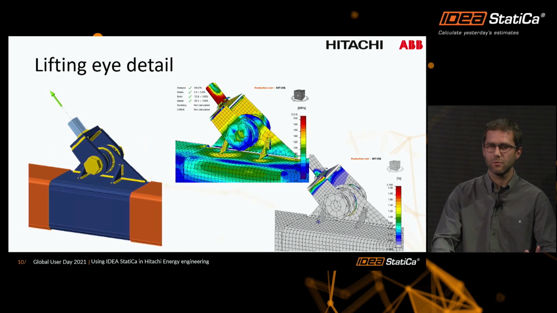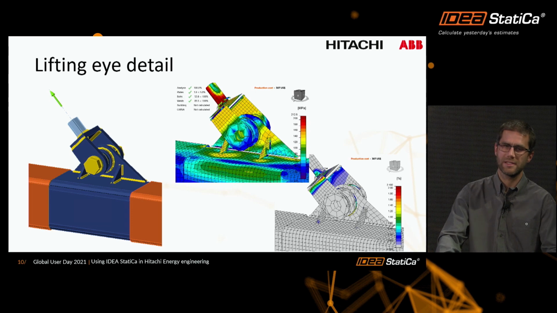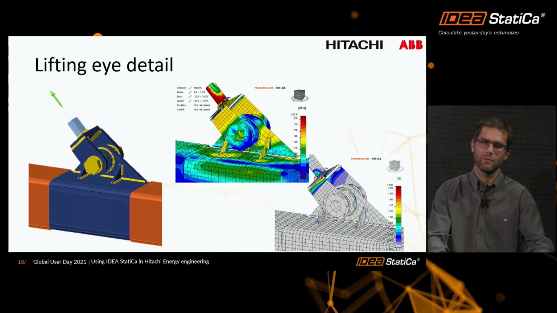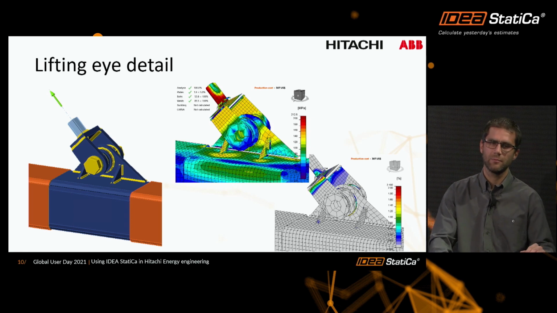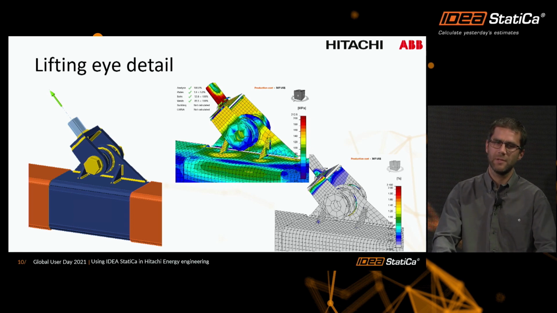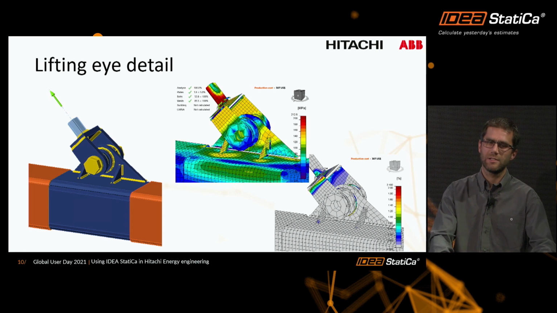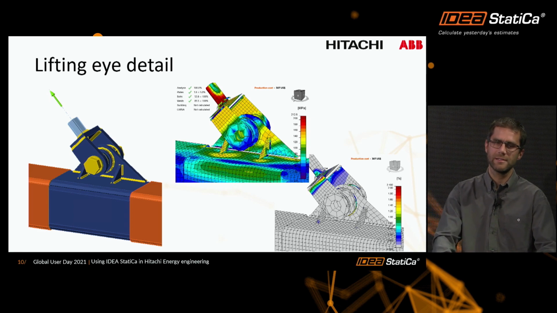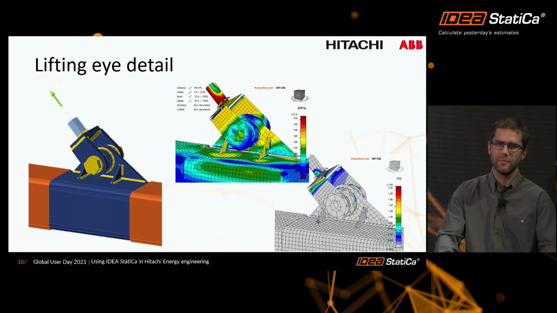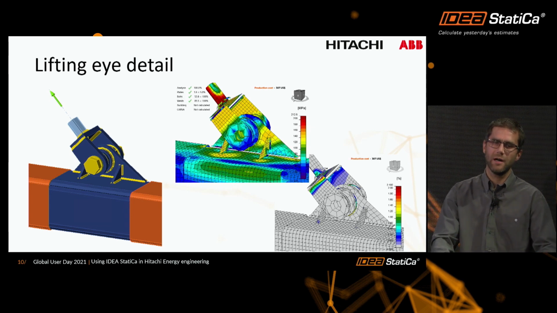So the first idea was to replace the original part of the skid beam with the same size profile but with bigger wall thickness. That means the original profile was a 250 millimeter square profile with 10 millimeter thickness, and we replaced the affected part with the same profile with 60 millimeter thickness.